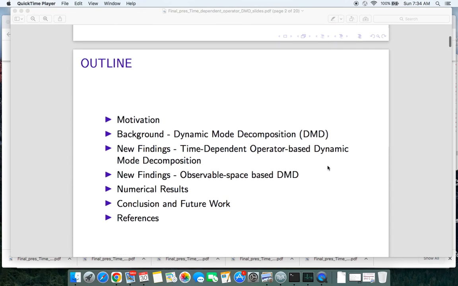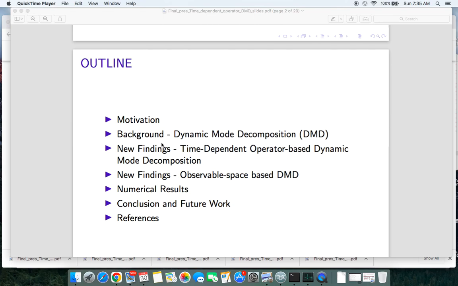Here is an outline. At first, I will go over the motivation behind this project, and then would come the background, which would be on dynamic mode decomposition, DMD in short form.